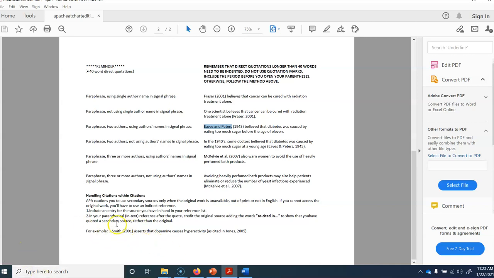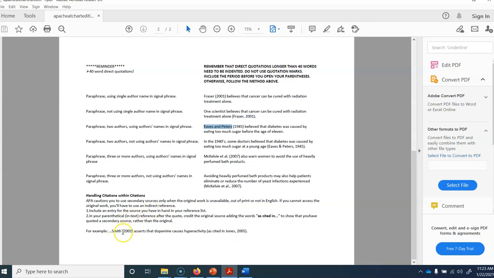Let's imagine that I have an article or a book that's written by somebody called Smith, and this is being cited in Jones. So the book or the article that I have in front of me is Jones, that was printed in 2005. But Jones is referencing Smith.